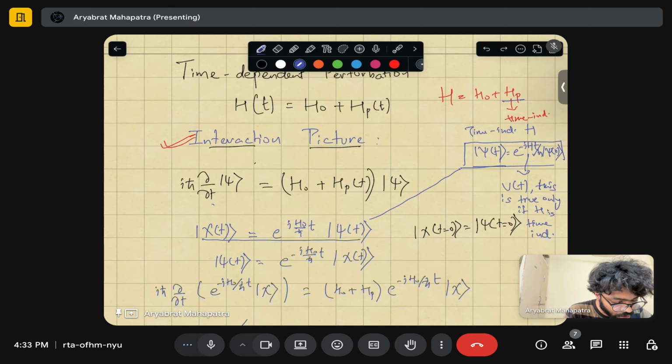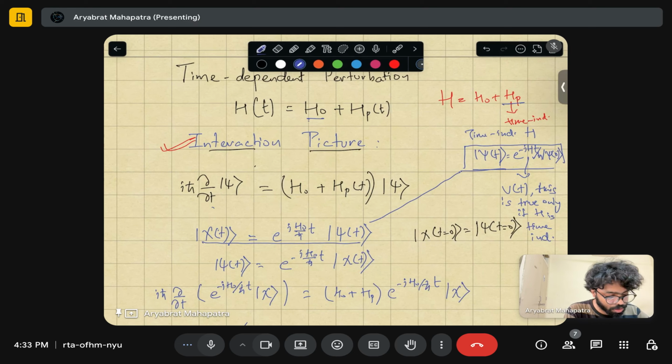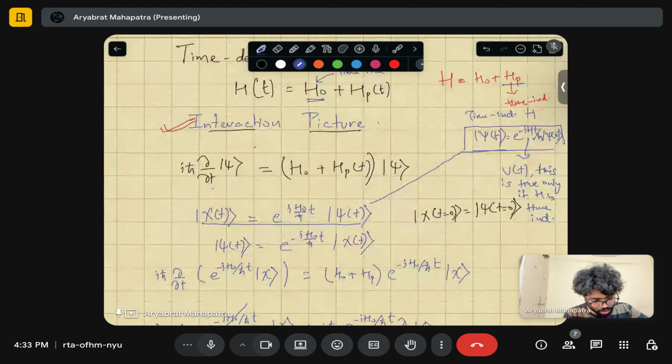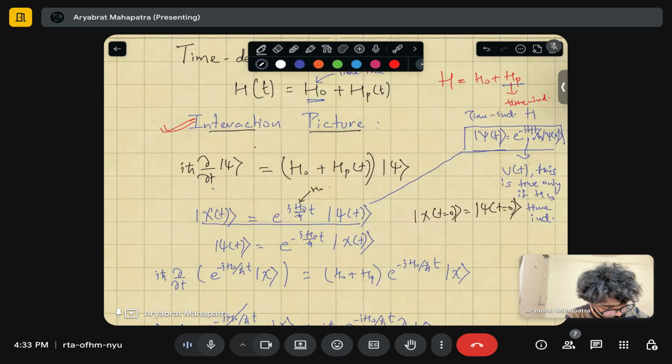So you see your h0 is time independent, and here also this h is time independent.